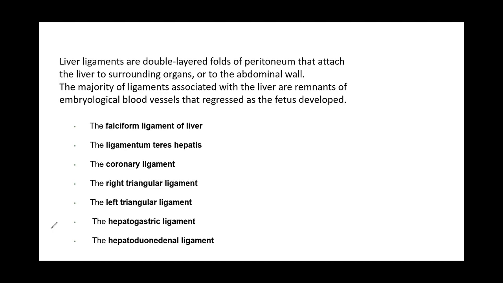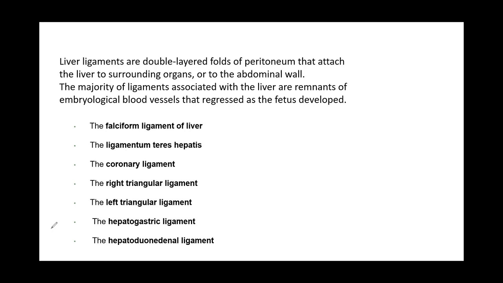The falciform ligament of the liver, we've talked about it. The ligamentum teres hepatis, coronary ligament, right triangular ligament. I know you are picturing all these things because you've seen that image.